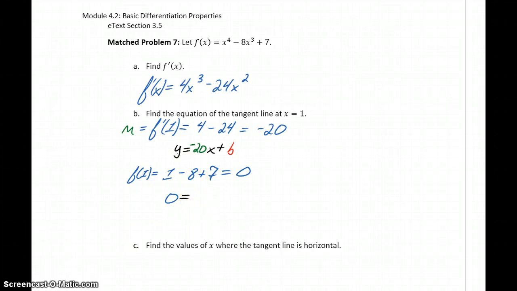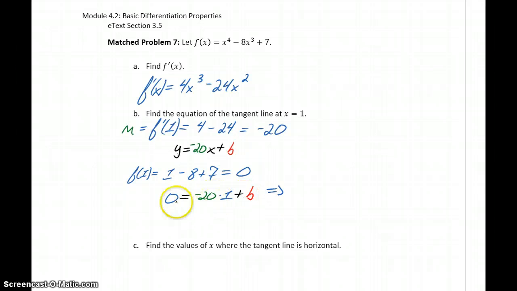So we can plug in 0 equals negative 20 times 1 plus some unknown value b. So solving for b, negative 20 times 1 is going to be negative 20.